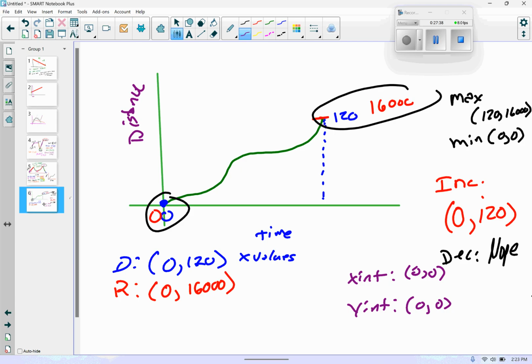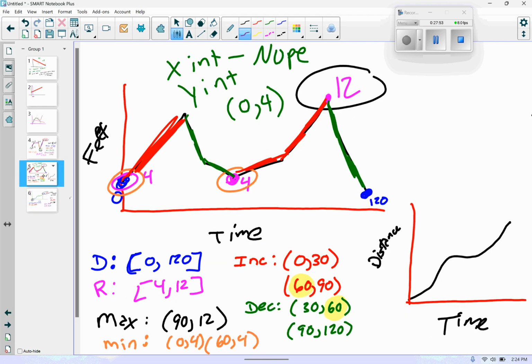The domain of the depth of the water with respect to time is 0 to 120. Yeah. G. So it's from 4 feet to 12 feet. Is 11 in between 4 and 12 somewhere? So yeah, that river could have gotten to 11 feet deep. Absolutely.